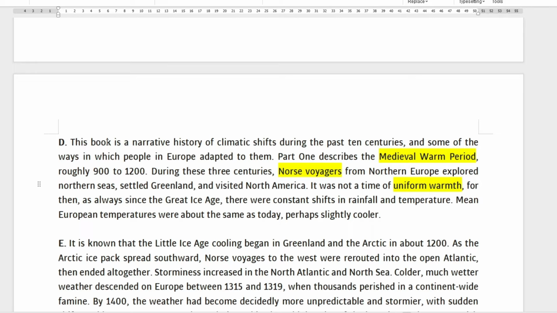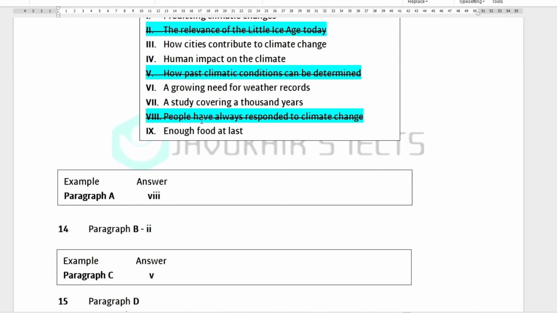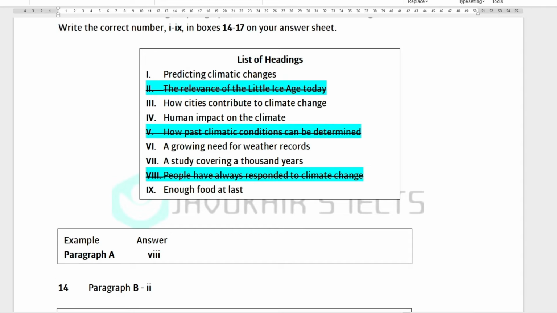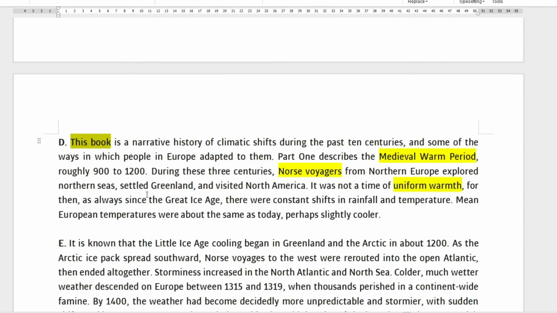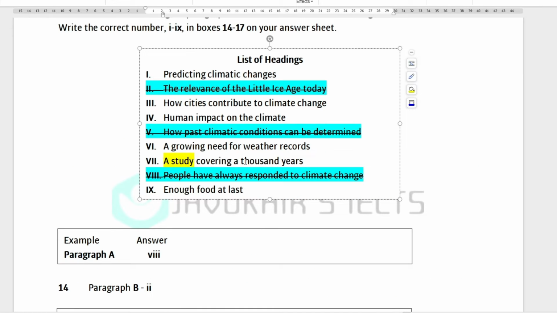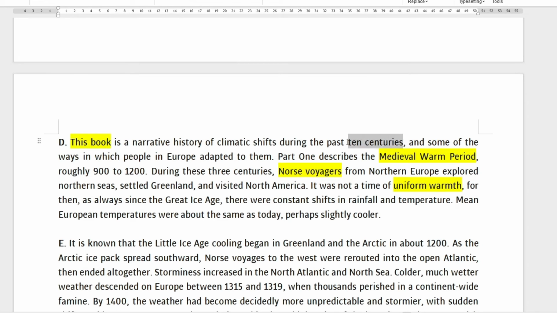So what is this book referring to? It's referring to a study. Past 10 centuries: one century is 100 years, so 10 centuries is 1,000.